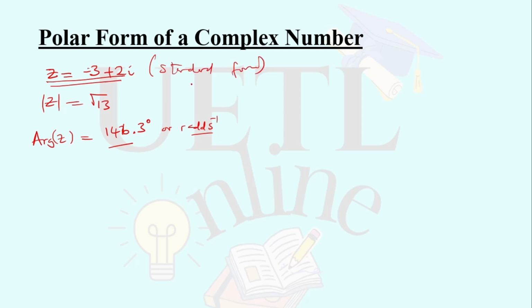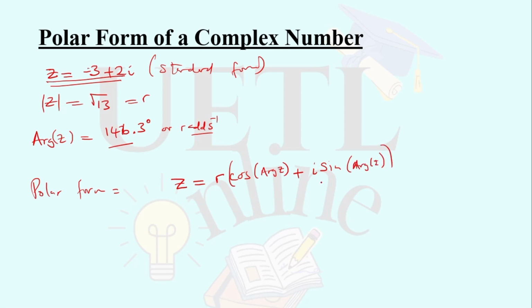To express it in polar form, we are going to say z is equal to r, the modulus, times cos of the argument plus i sine of the argument.